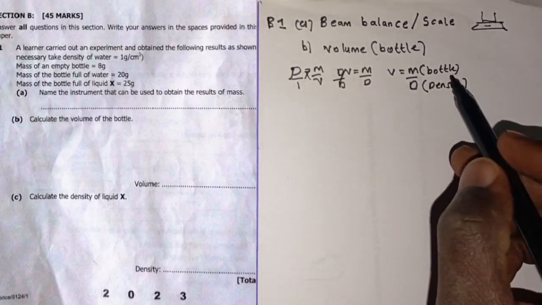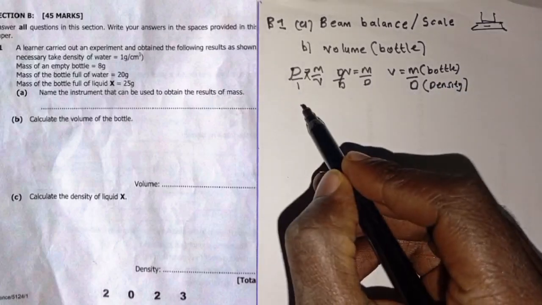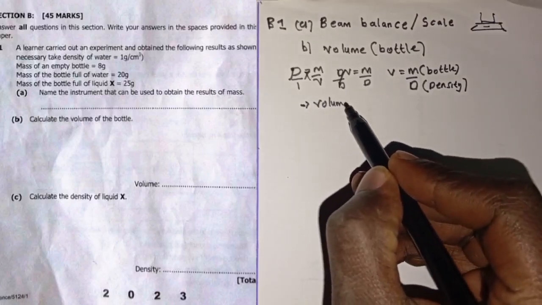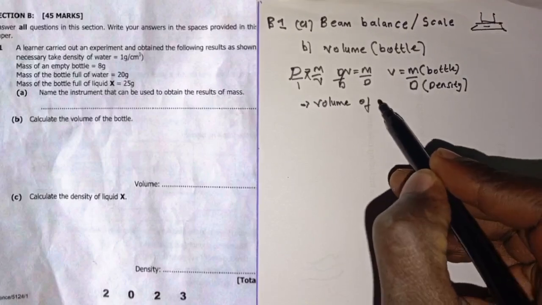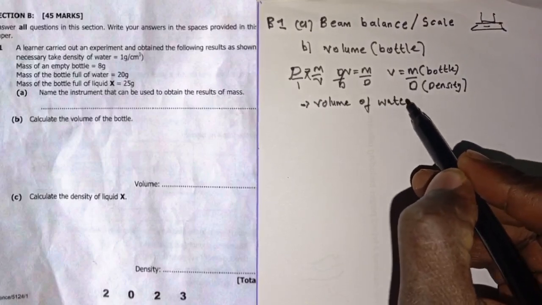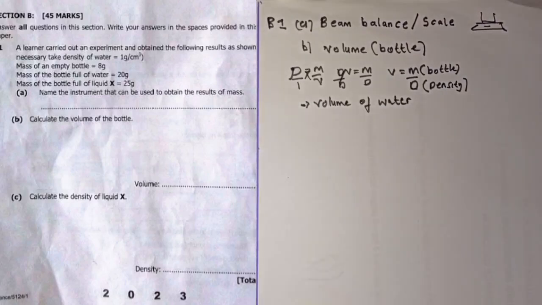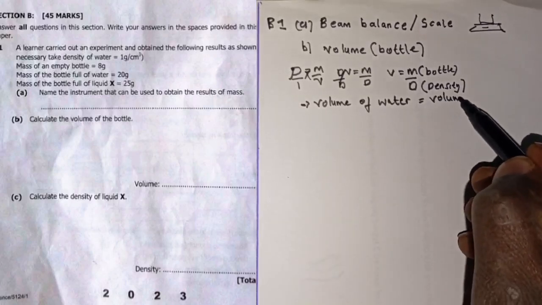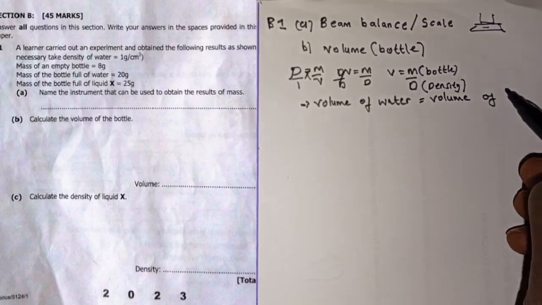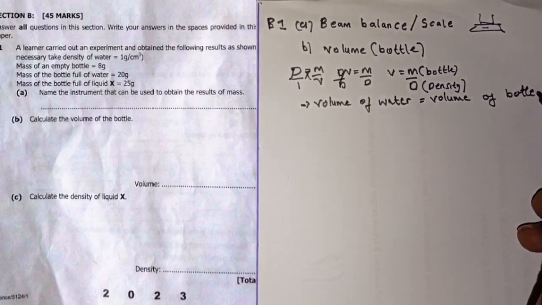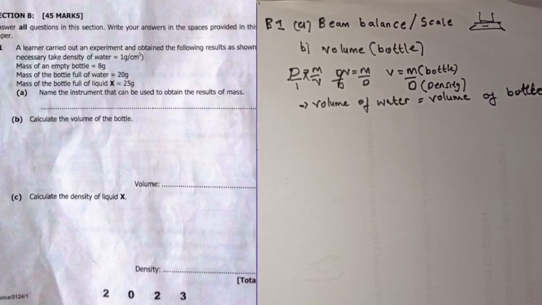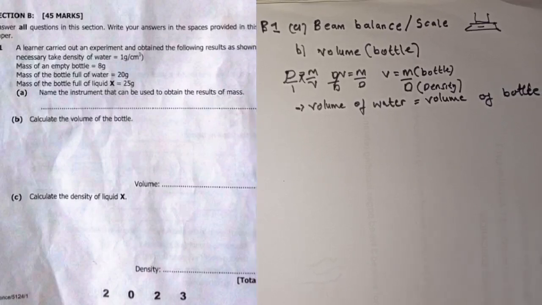To find the volume of the bottle, we simply need to find the volume of the water. Why? Because water is a liquid and it will take up the space. So the volume of the water equals the volume of the bottle. I hope you understand.